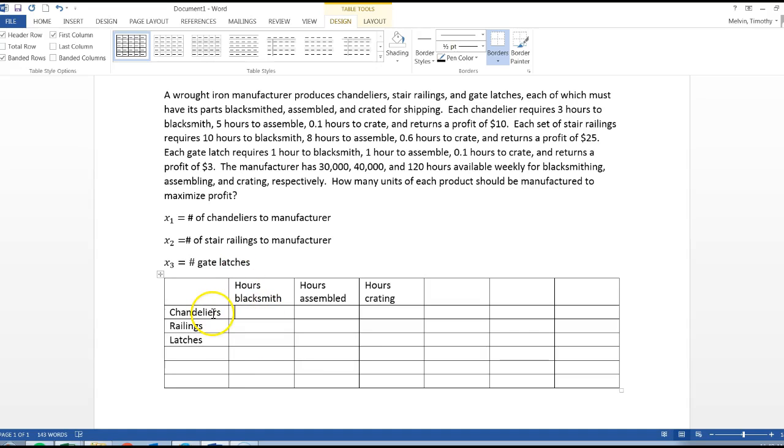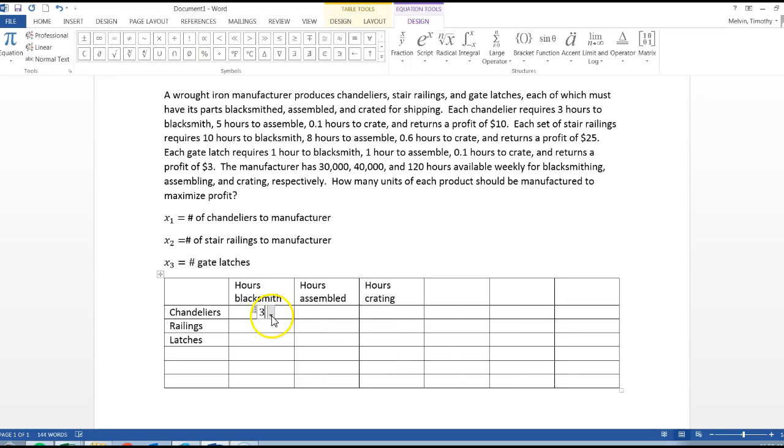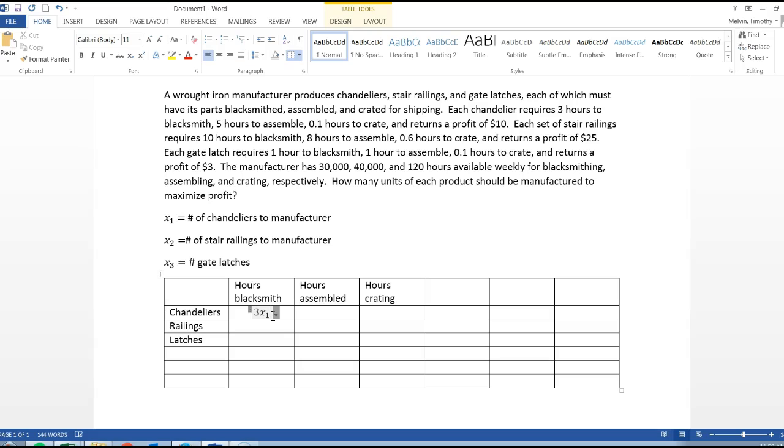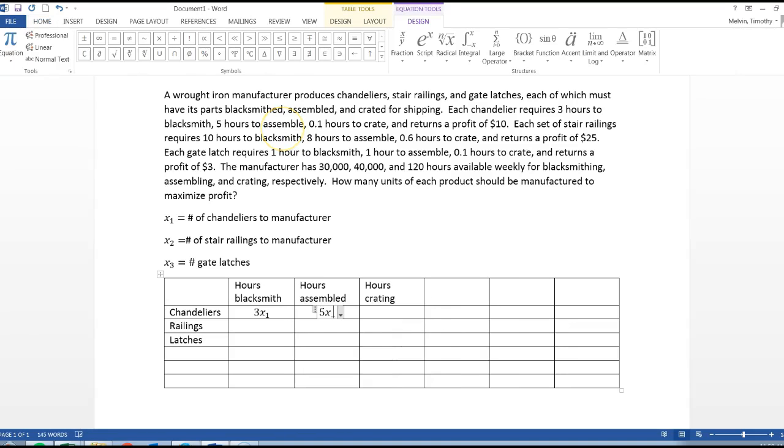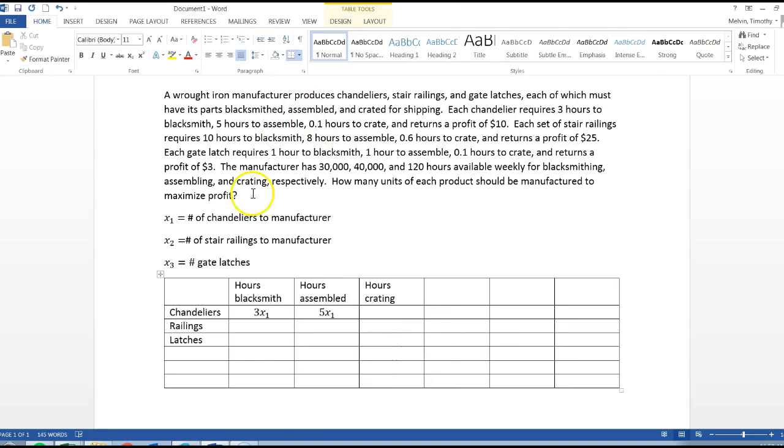With the information given, each chandelier, if we look at that second sentence, is 3 hours, so 3 times x1 to blacksmith. The chandelier also requires 5 hours to assemble, so I write 5x1. 5 times x1 will be the total number of hours for the chandeliers.